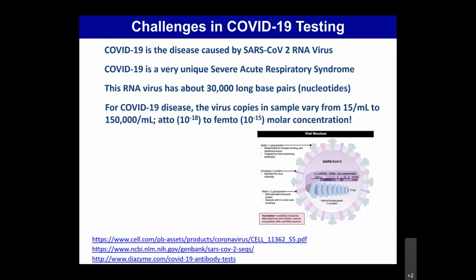So when you take an oral swab or a nasal swab, right? It's called either a nasopharyngeal swab or an oropharyngeal swab. You have only 15 virus copies in a milliliter. Very small sample you are taking anyway, right? Or in the worst case, you may have 150,000 copies.